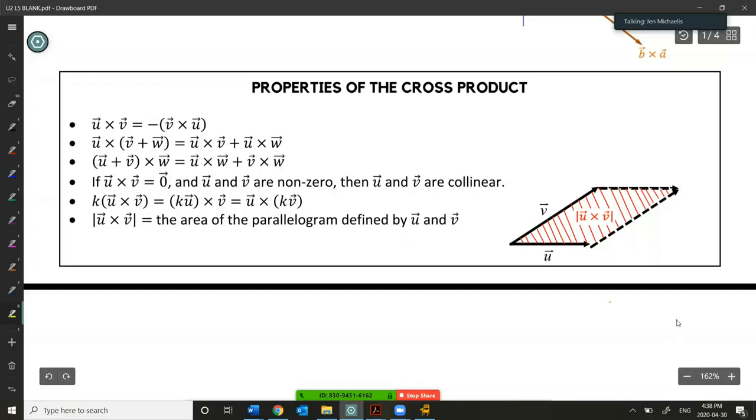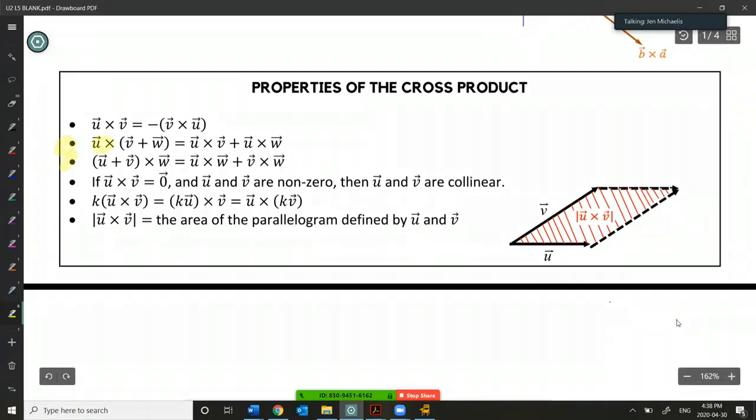I can do the distributive property with the cross product, but I do need to be careful about the order in which I do that. This is a main difference between the dot product and the cross product. With the dot product, it doesn't matter what order I dot the vectors in, I'm going to get the same answer, but the cross product produces two opposite vectors, so it really does matter the order in which I cross the vectors. You're going to notice in bullet points 2 and 3 this gives you an idea of this.